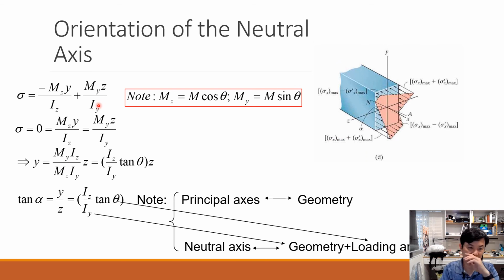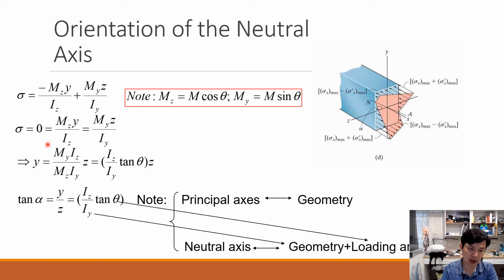Here's the way we go through the process and derive the orientation of the neutral axis. As we know, this is the stress function for My and Mz together. Mz is equal to M cosine theta, My is equal to M sine theta. We substitute them back into the equation, and we ask, where can we determine our neutral axis?